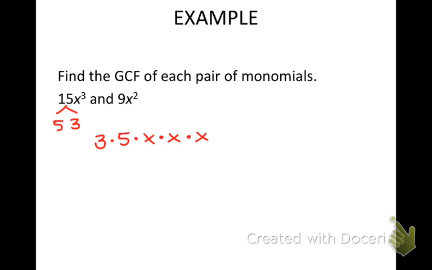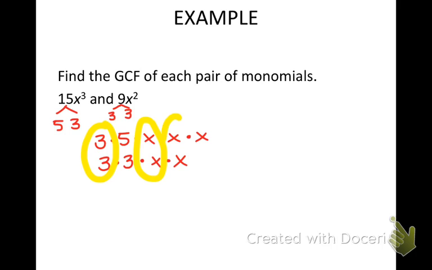We're going to do the same thing for 9. 3 and 3, both prime, so 9 is the same as 3 times 3. How many x's would I have? 2. Now we're going to find our matches. In the numbers, I have a matching 3, and I have a match of 2 x's.